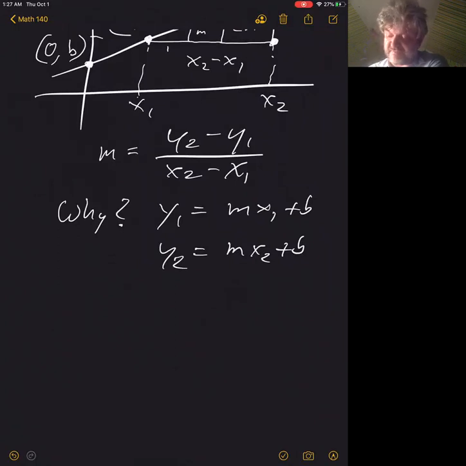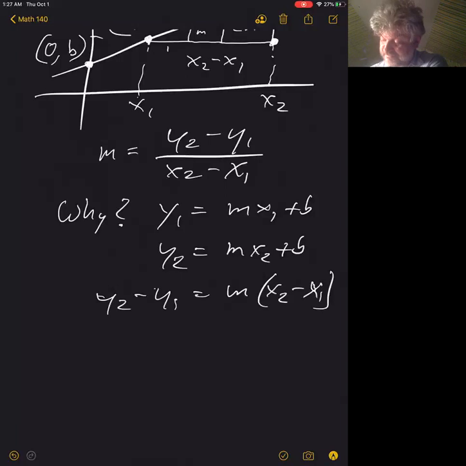So subtract the first from the second, and you get y2 minus y1 is m times x2 minus x1. And then you can divide by x2 minus x1, and you've got the boxed formula up there.